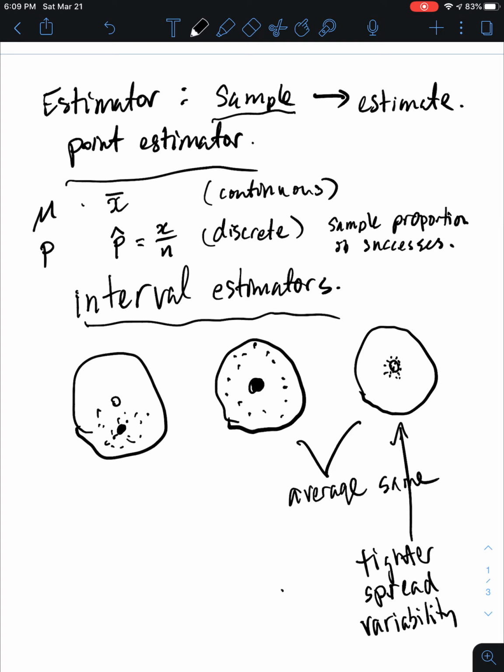Or also standard deviation. So this tells us how important the standard deviation is. Notice that in our point estimators, we haven't taken into account the standard deviation. So they're missing some valuable information that we could use.